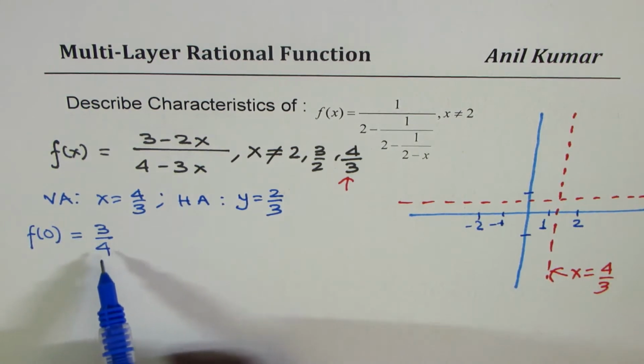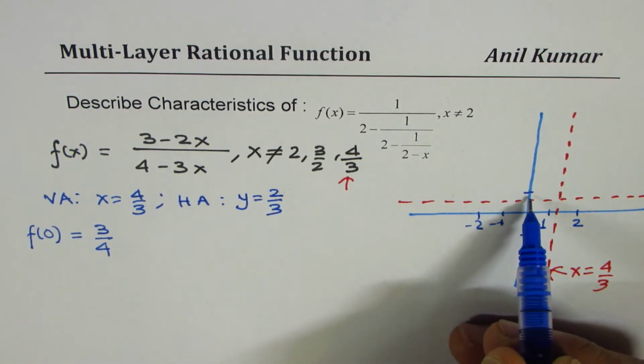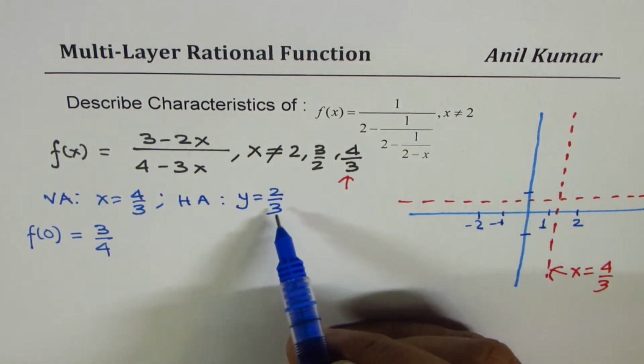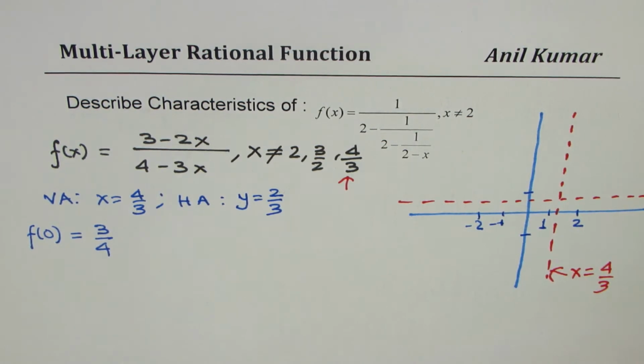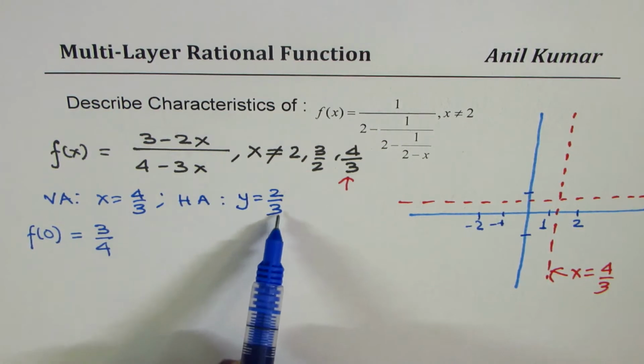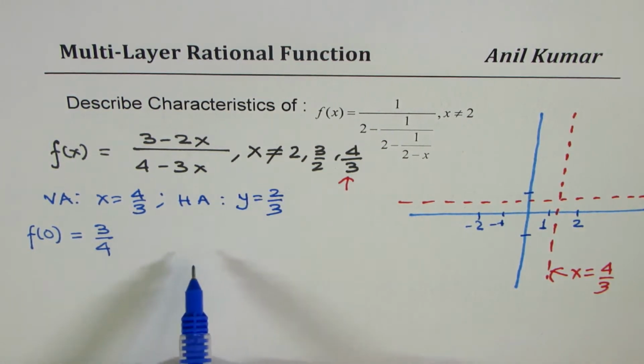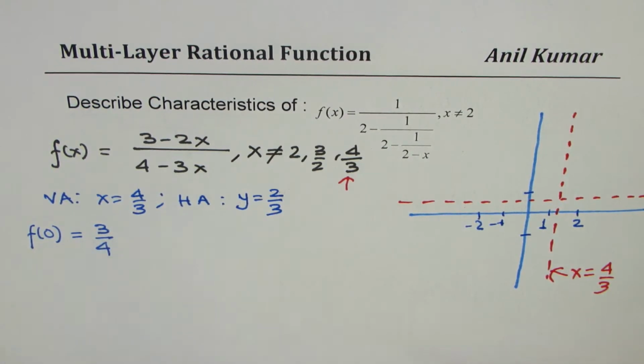Now 3 over 4 is slightly less than 1, however, it is more than 2 over 3, right? If I multiply this by 3, I get 9, and this by 4, I get 8, so that makes a difference, or convert to decimals, right? So that becomes the y-intercept. So the y-intercept for us is going to be slightly less than 1.